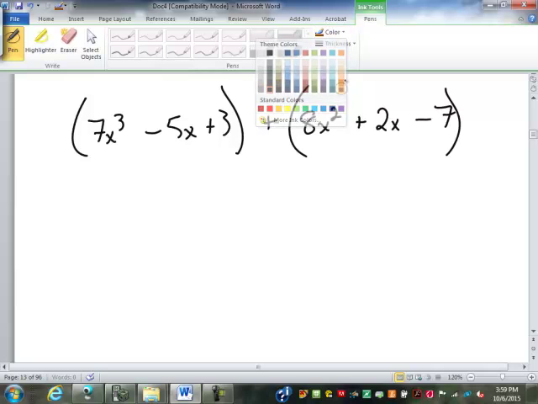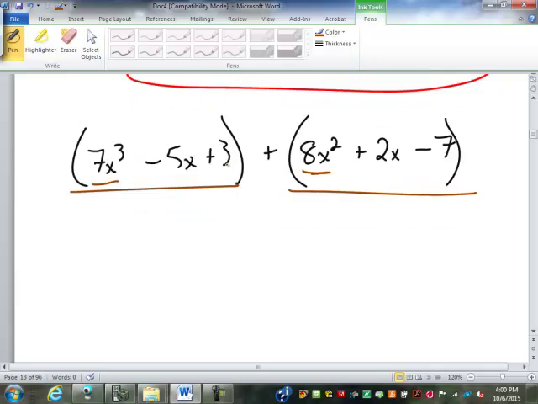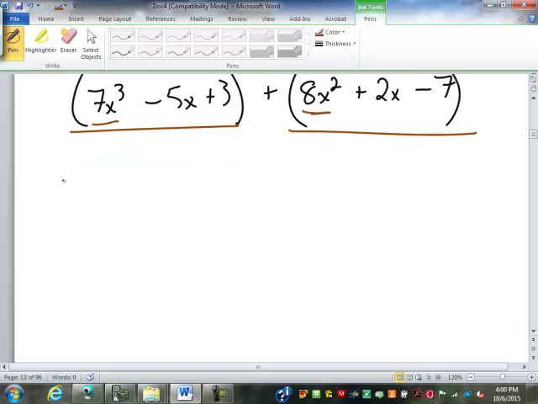What's different here? 3x squared, or 7x to the third. Yep. Okay. We have an x to the third here, but not over here. And there's an x squared here, but not over here. There's missing digits here. Just like if we had 704 for a whole number.